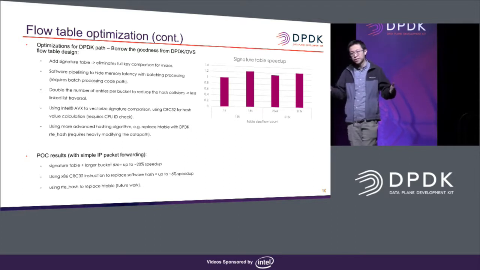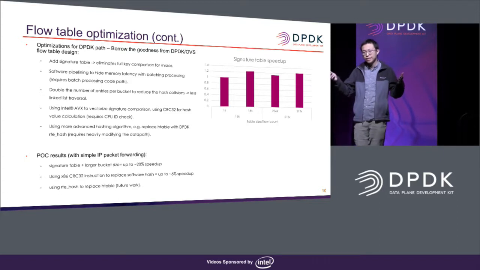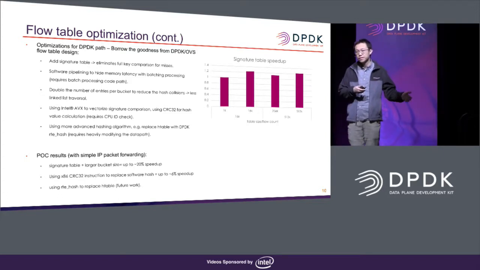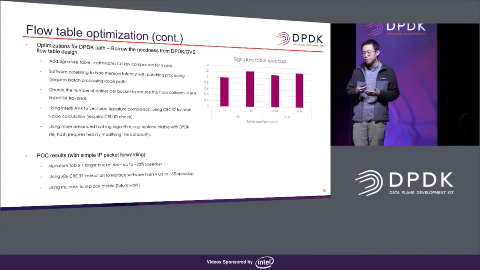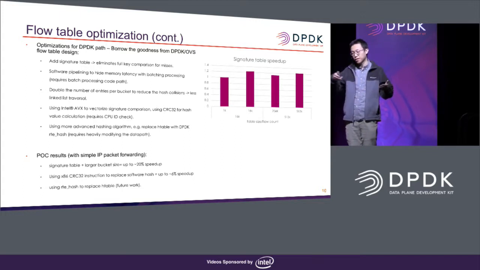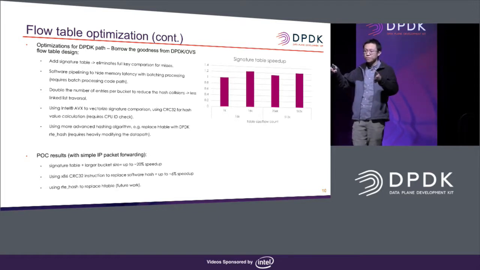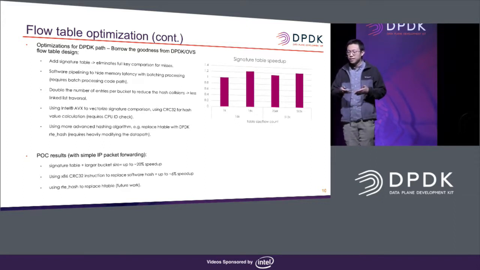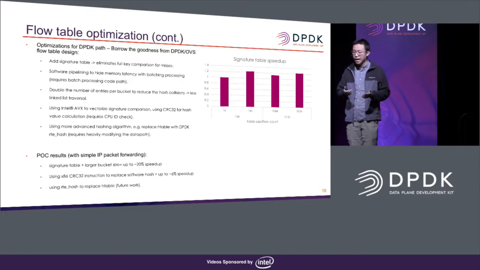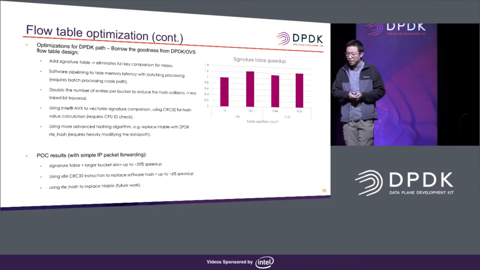We also double the number of entries per bucket since we have the signature table. Doubling the size of the bucket doesn't introduce too much iteration overhead, because now you don't need to compare the full keys one by one in a bucket. You just compare the signature. By doubling the entry count per bucket, you effectively reduce the hash collision.